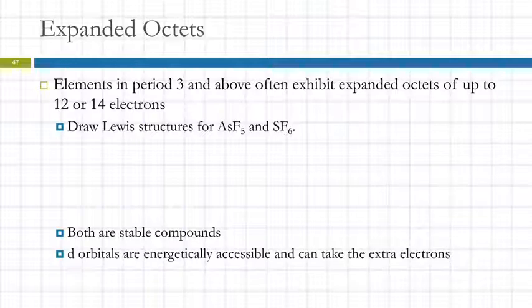So let's draw Lewis structures for arsenic pentafluoride and sulfur hexafluoride. Arsenic pentafluoride: arsenic in the middle and 5 fluorines, so there's 4 of them, and we'll stick 1 in there. Valence electrons: arsenic has 5.